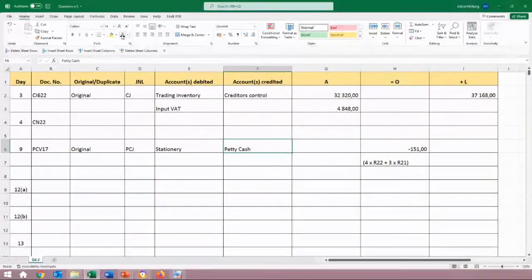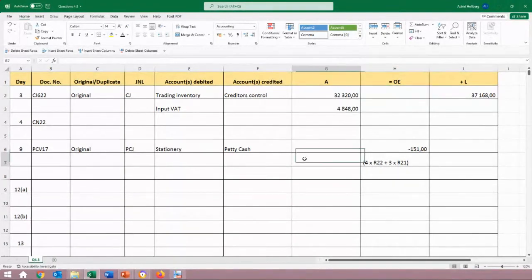Petty cash falls under what category? Is it an asset, owner's equity, or a liability? Okay, Lesedi says it's an asset, Lino says it's an asset. That's absolutely correct.